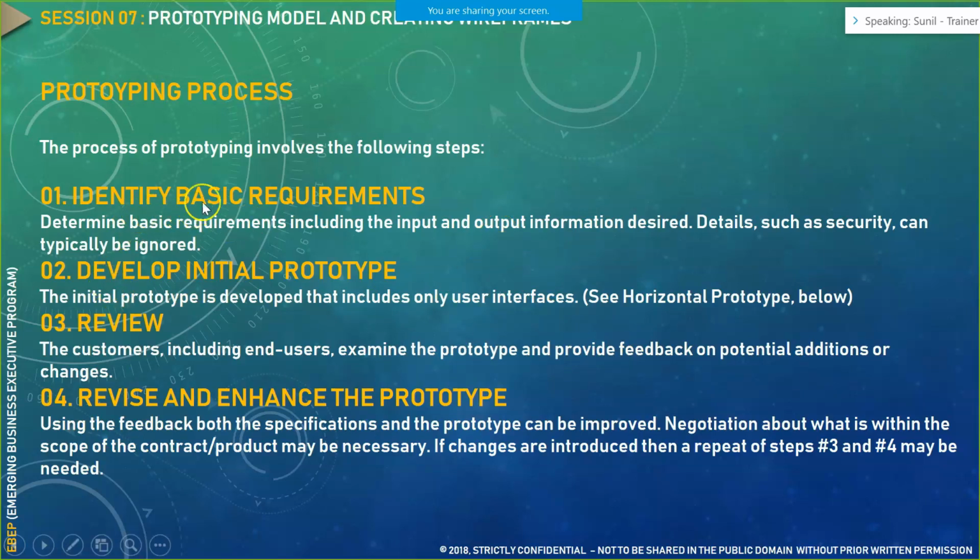Now, after we have identified the basic requirements, we go about developing the initial prototype. This prototype can be of various natures. A prototype can be a simple one that you draw using pen and paper, and that is also treated as a prototype.